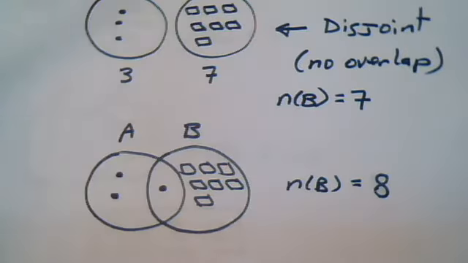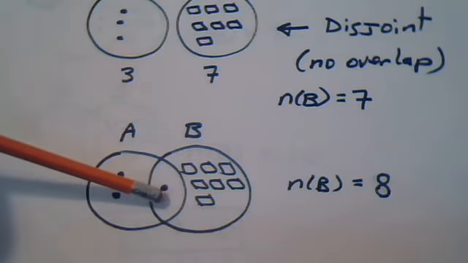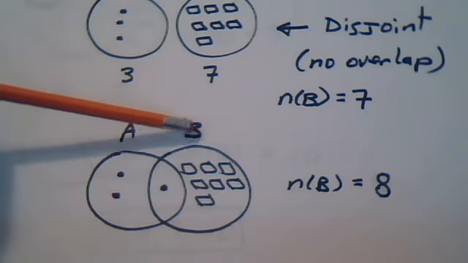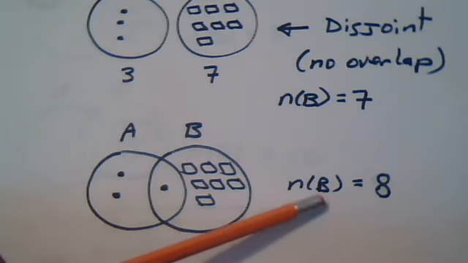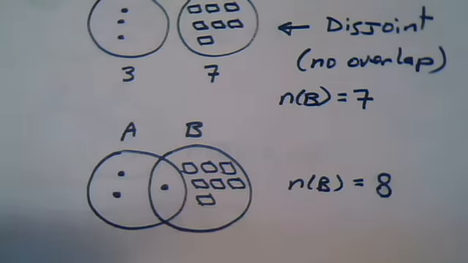So there's still 10. But in this case, since there's an overlap of one member from A also in group B, then group B can have 8 members.